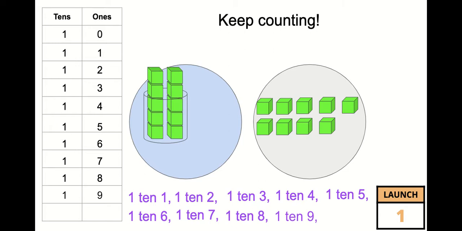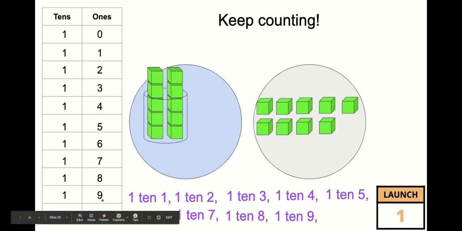Hmm. So we have one ten right now, and we have 9 ones. And we were keeping track of that with our chart over here. I wonder what will happen when we go past 9.